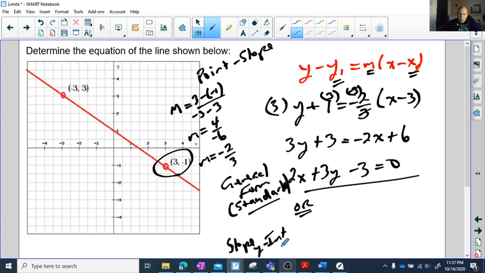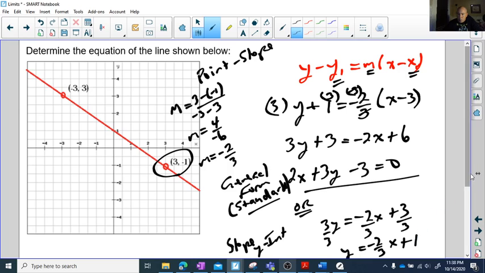Slope y-intercept form is y equals mx plus b. So if I rearrange this, it would be 3y equals negative 2x plus 3, divide by 3, divide by 3, divide by 3. So in y equals mx plus b form, it would be negative 2/3 x plus 1.